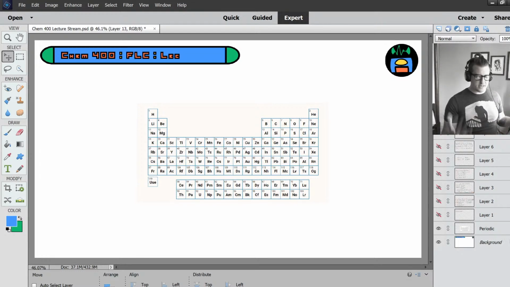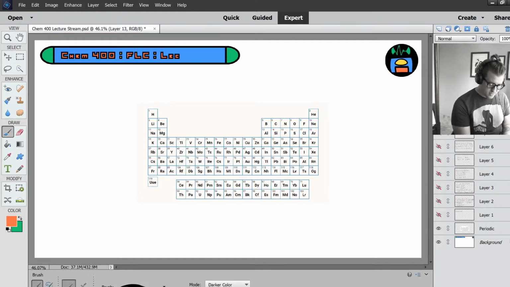There's several different ways to slice the periodic table up, all right? And the first division is kind of the division between metals and non-metals. Some periodic tables include this, some do not. But the division between metals and nonmetals is right here.